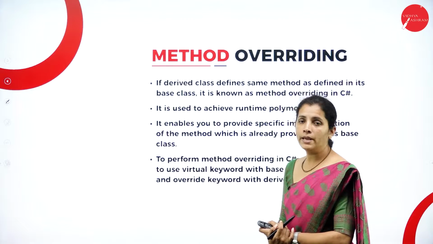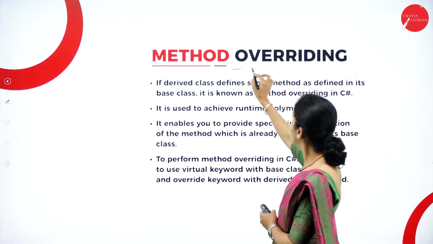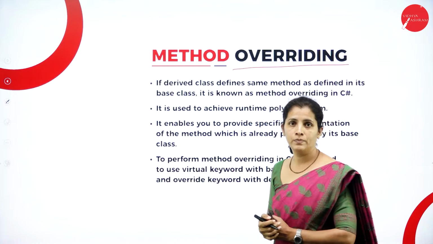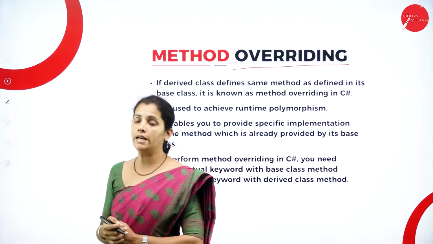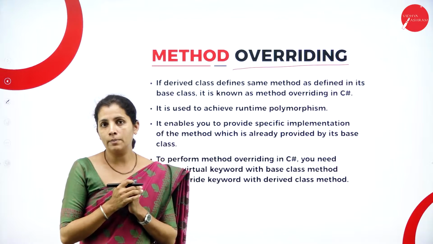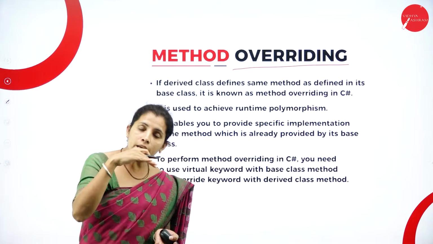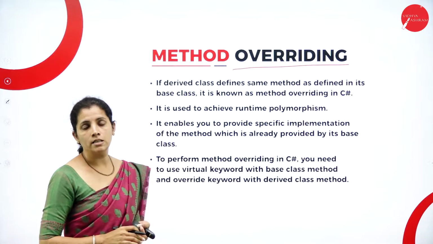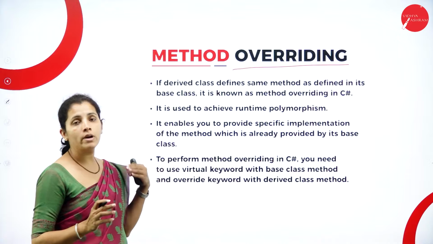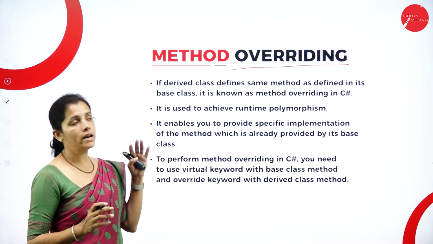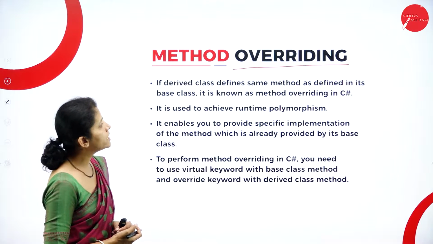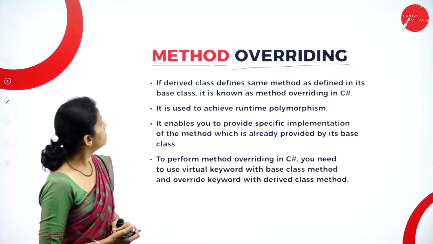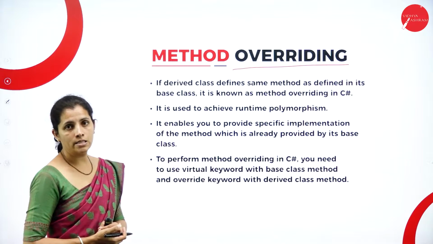Now, at the beginning, I'm going to have method overriding. So what is overriding? It's nothing but rewriting. Think that I have one method. On that, I'm going to rewrite another method, that is known as overriding or overwriting, if the derived class defines the same method as defined in its base class.